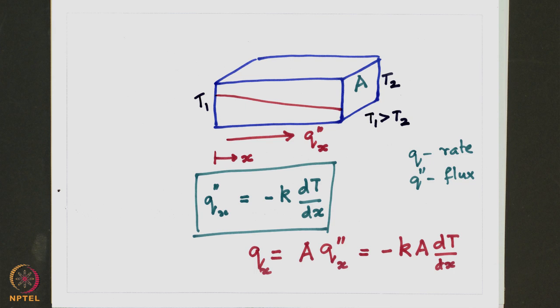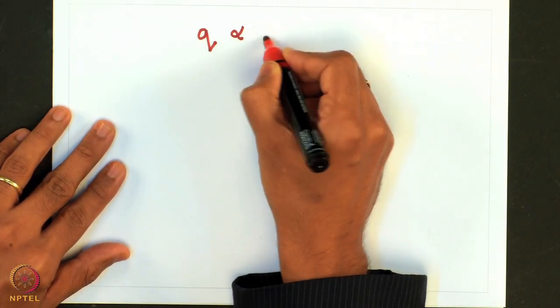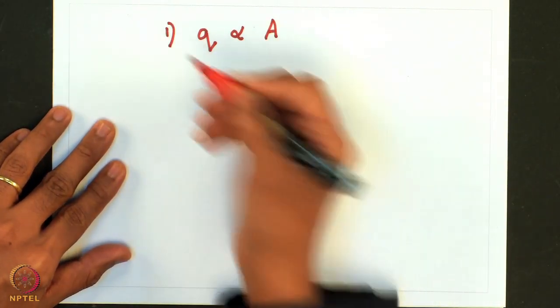Therefore, the heat transport rate Q in the x direction is given by A times qx double prime, which is minus k times the cross sectional area times the temperature gradient in that direction. From here we can clearly see that the heat transport rate Q is proportional to the area of heat transport.